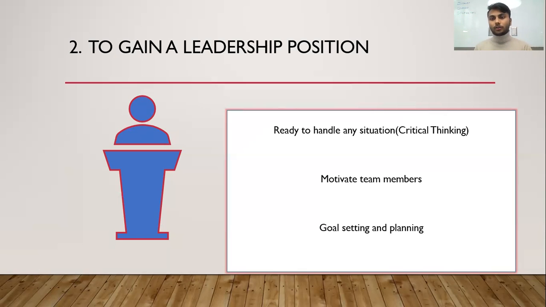Goal setting and planning is very important, and that is what we do at first. Goal setting is what you're going to do after forming the club or organization, after discussing with your team members. After the goal setting, you plan at what time and in what period you're going to do this task and then that task, and then work on it.